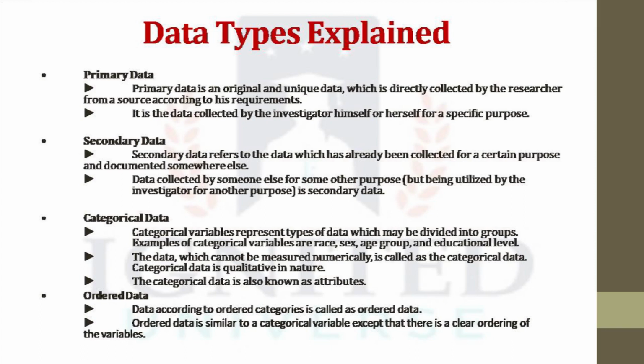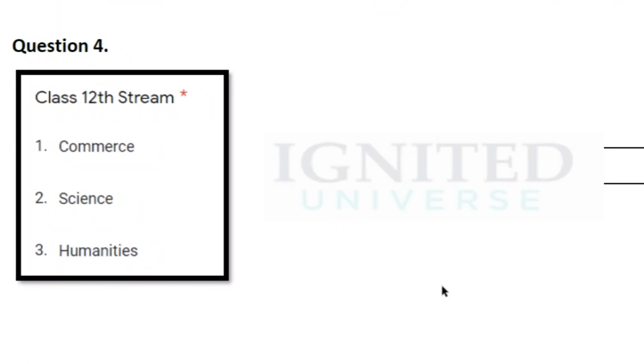For example, consider this question which is being asked in a questionnaire: what is your class 12 stream? The categories given are commerce, science and humanities. Such type of data is called categorical data.